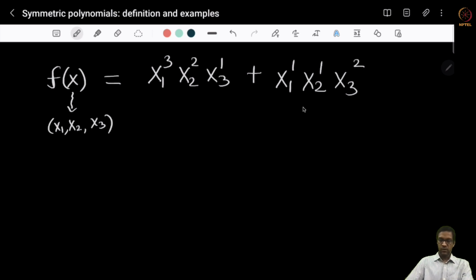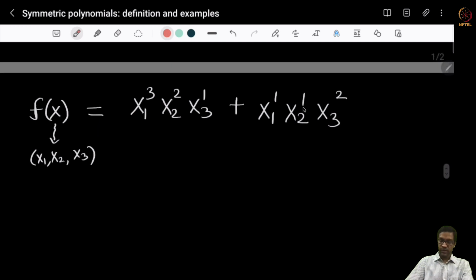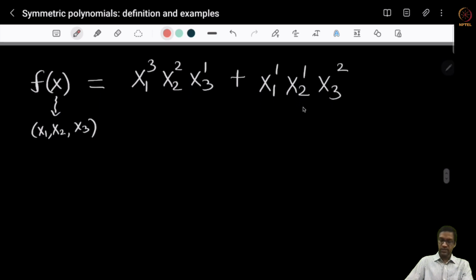Here is a polynomial which is the sum of two monomials, and what are the multi-indices here? For the first term, the powers which appear are 3, 2 and 1, so they form the multi-index 3, 2, 1, and for the second term, the powers are 1, 1 and 2, and so the multi-index corresponding to that term is 1, 1, 2.